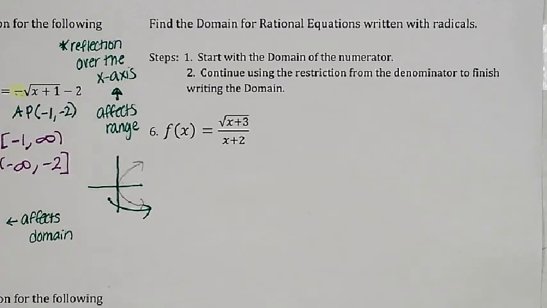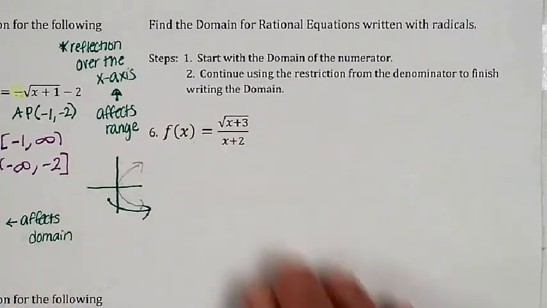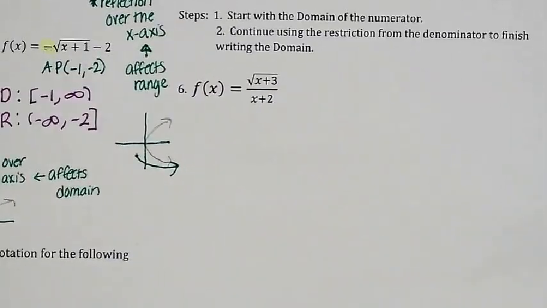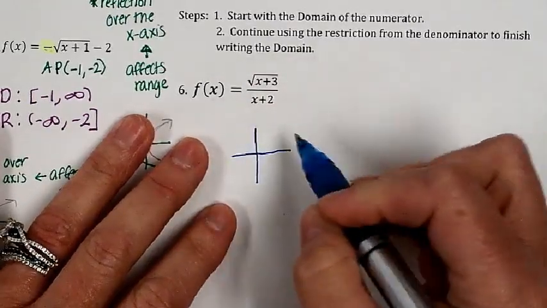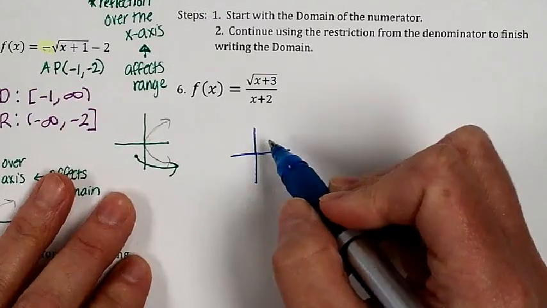You can even think about this graphically if you need to. Your anchor point here would be negative 3, 0. So it would look like that. So this would be bracket negative 3 to infinity.